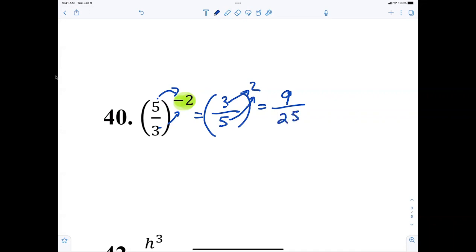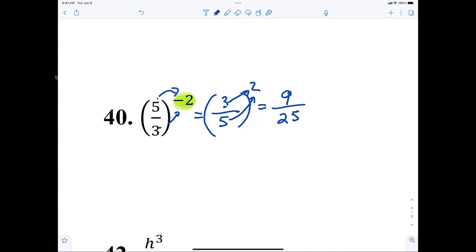Now let's say you think I'm crazy and you don't even believe me. So what I need everybody to do now is put a parentheses on their calculator. Open up parentheses. Then open up a fraction. I'm showing you alpha x. That pulls up the fraction. Then type in 5/3, close parentheses, and then square.